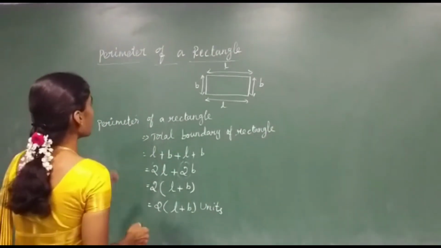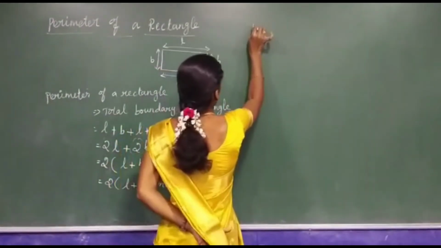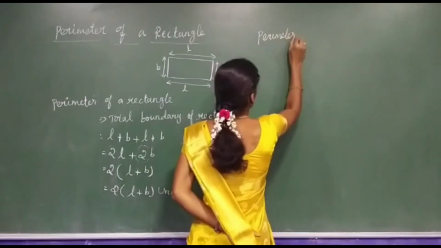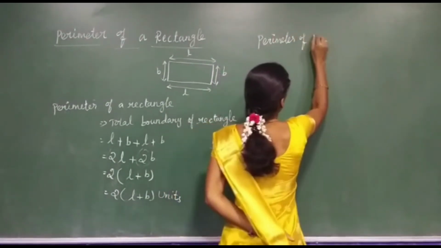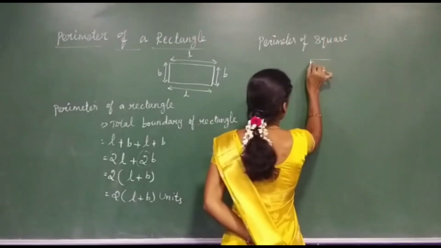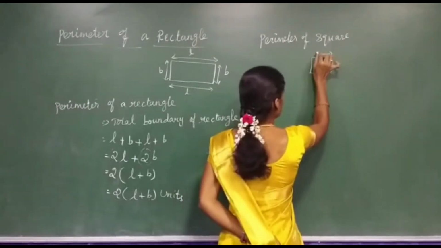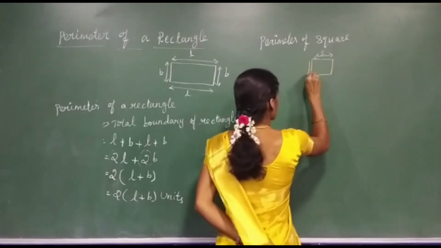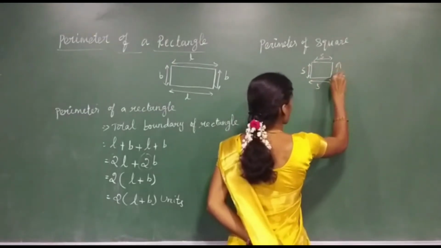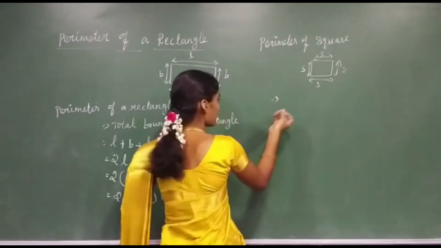In the same way, we want to find the perimeter of a square. Square means the 4 sides are equal. This is a square, here one side, here one side. What is the definition of perimeter?